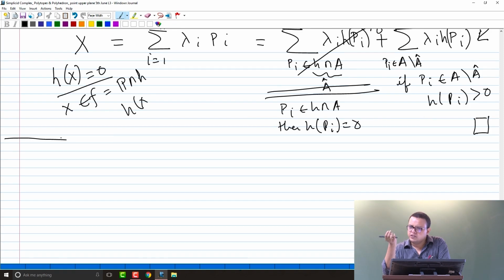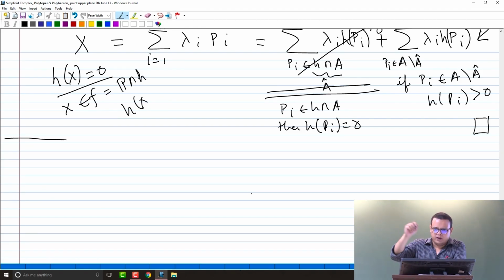So what will be a 0 dimensional face? It will be a point. A segment will be 1 dimension. It does not have to be a segment, it can be open, something like this also is possible, or a complete line also, that is also a 1 dimensional face. Okay.